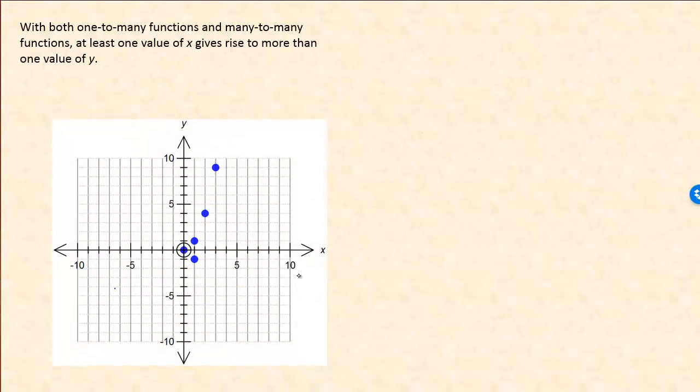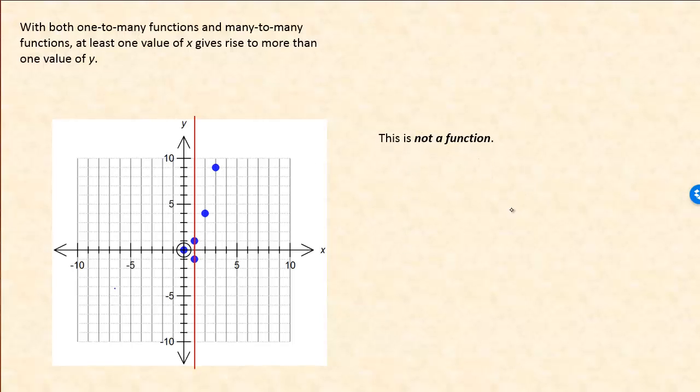With both one-to-many functions and many-to-many functions, at least one value of x gives rise to more than one value of y. So even if we just had one here that was just a set of points, if we try sweeping across, we can see here, when we get the line x equals 1, it cuts at 2 points.